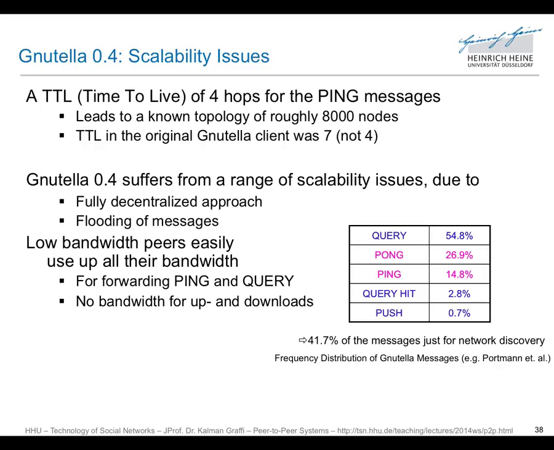So most of the bandwidth was really consumed by the queries and these connectivity messages. So it was very difficult to have bandwidth available for data transfer. From a specific number of nodes, the more popular the network grew, the more of these messages were used, and the less bandwidth was available for real data transfer, until the network collapsed and no searches were operable anymore, and it didn't work anymore.